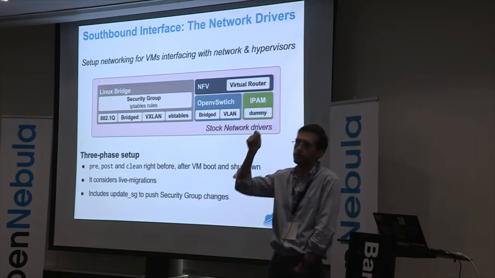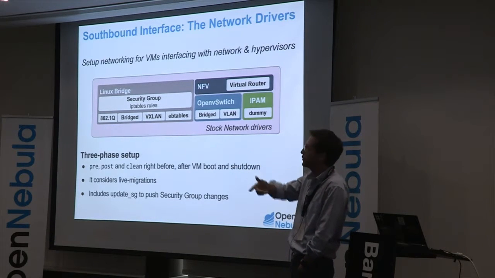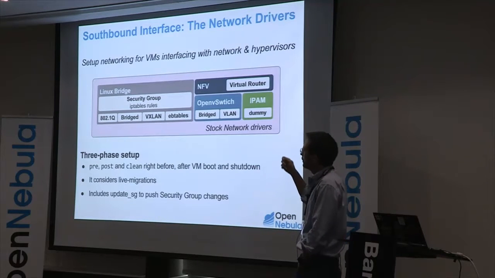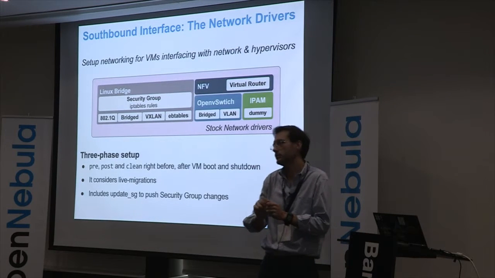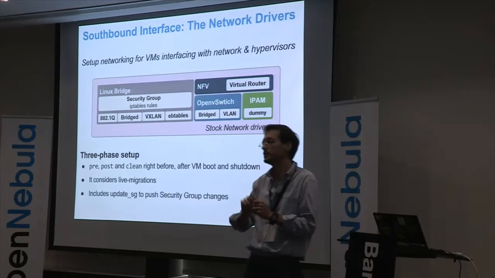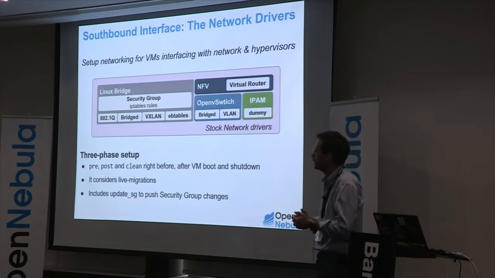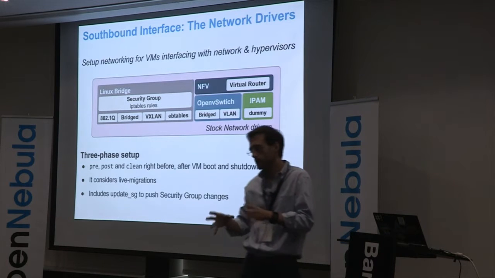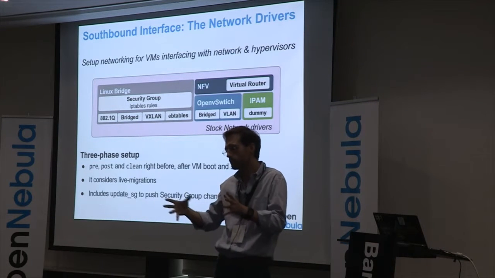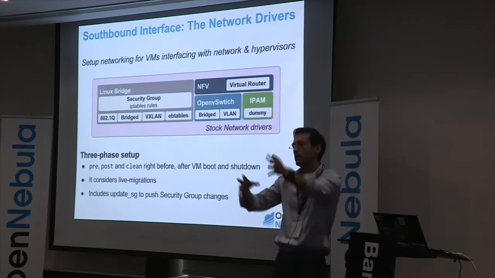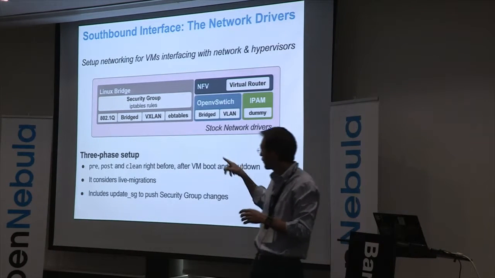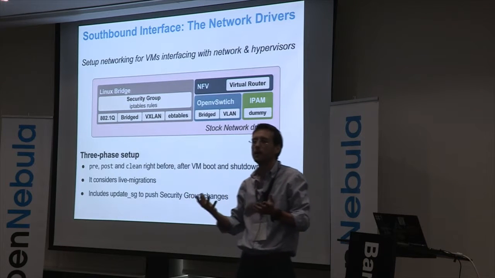So basically we create the interfaces, bridges, and tag the corresponding interface. The bridge networking is just to interconnect the VM to an existing bridge in the host. So if you have special requirements and you have preset the networking interfaces in your hypervisors, you can use bridge networking.